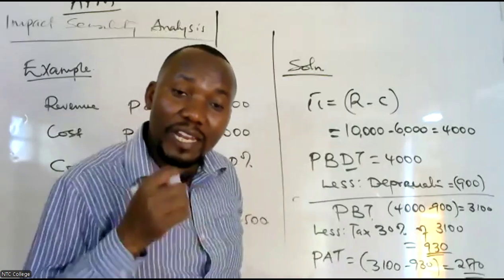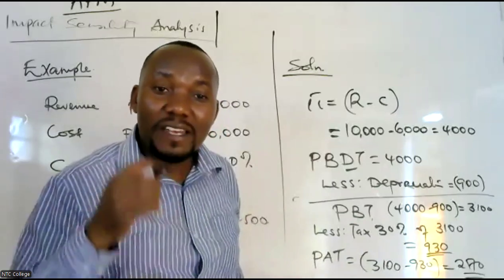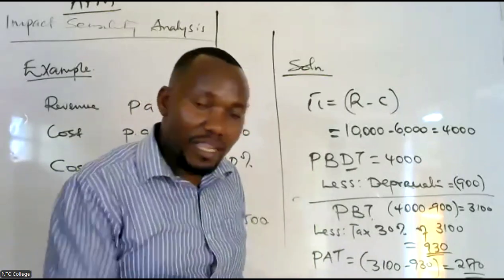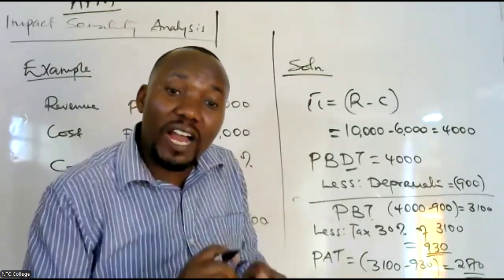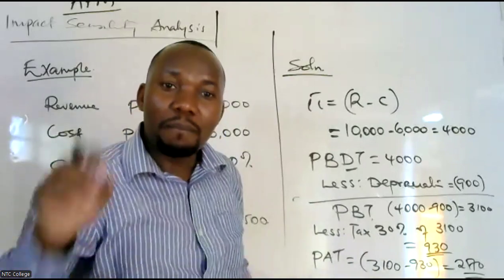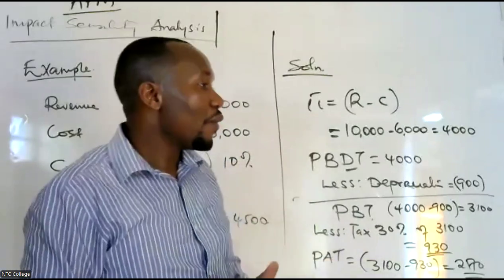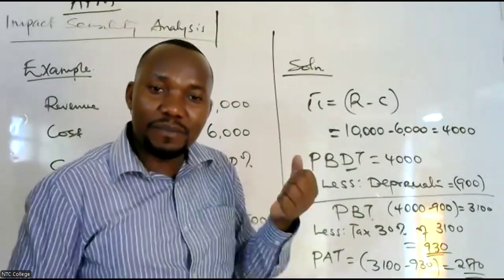We deducted it because we want to calculate tax, but ideally there is no money that left our account. So it is cash that is still there in the bank. We used it to calculate, and only the 930 is what we deducted and paid to the government. But the balance remains. So how do I know the balance that is in the account? We add back the amount that we deducted as depreciation.